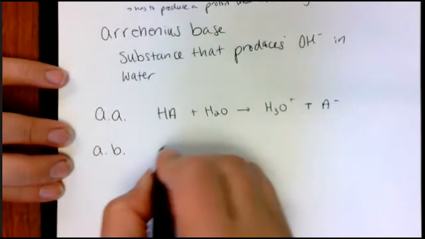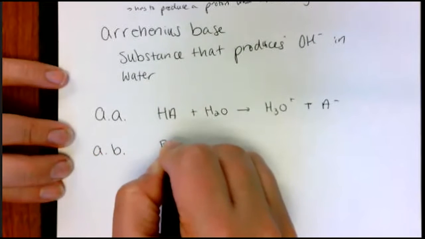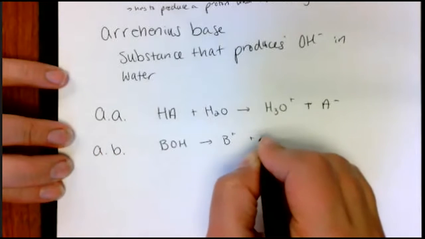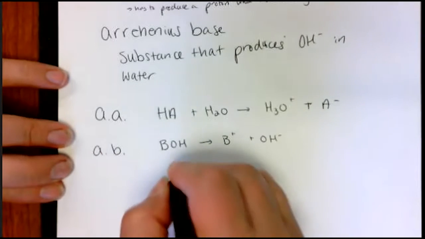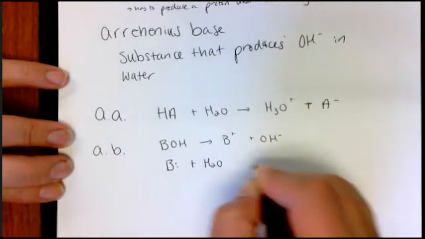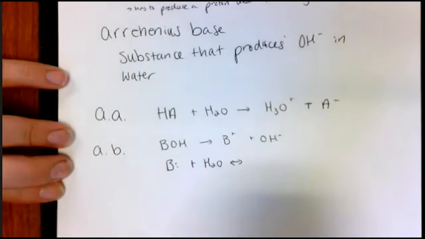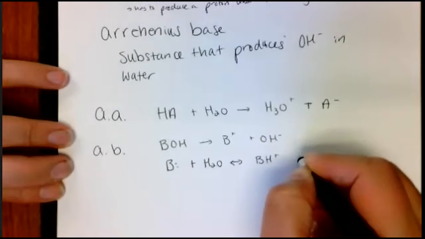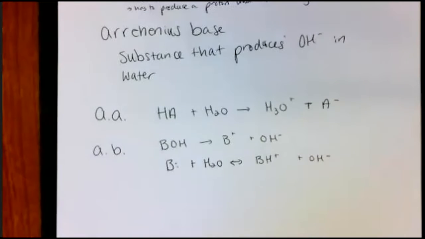An Arrhenius base, you can either have a BOH that just breaks down into B plus ions and hydroxide ions, or we can have a base that reacts with water. This will always be an equilibrium that produces BH plus and OH minus. Okay.